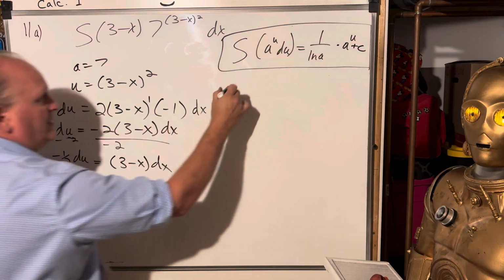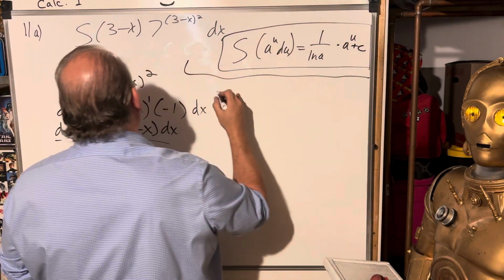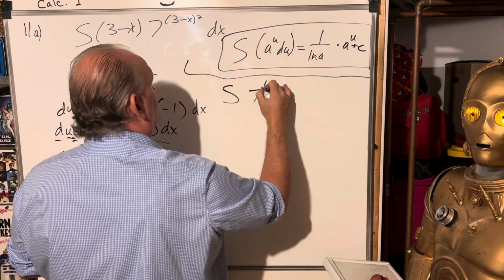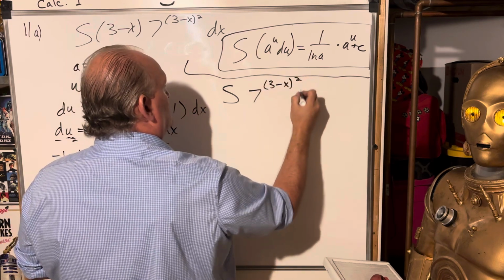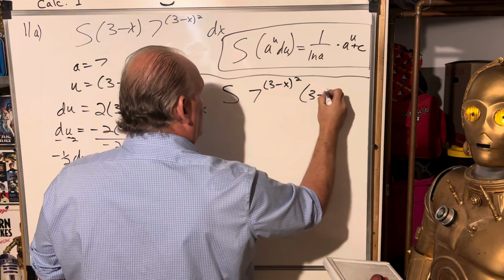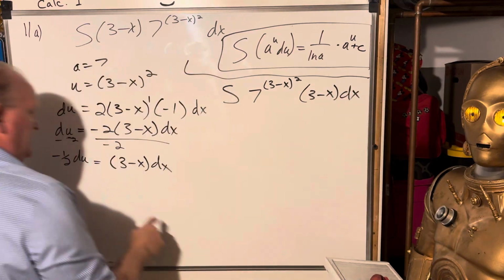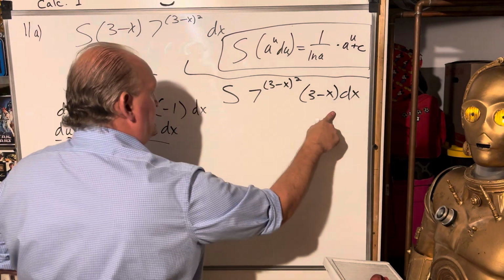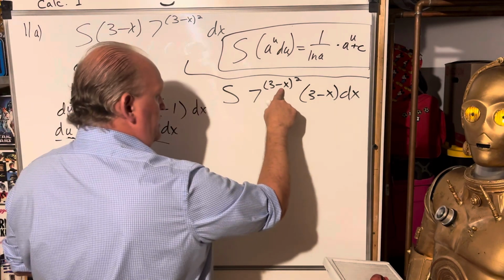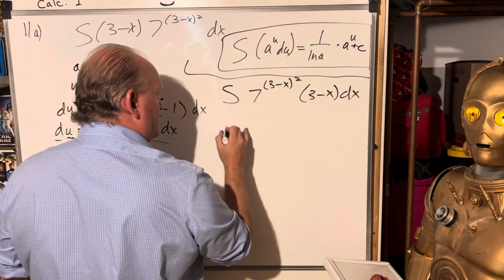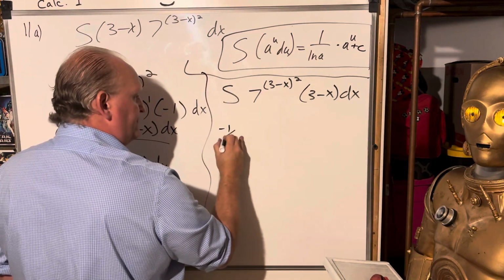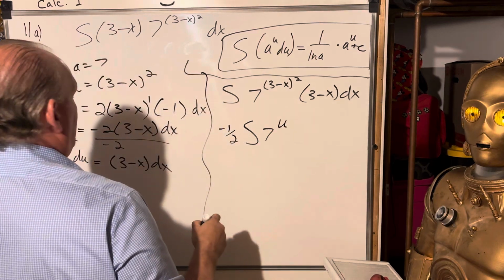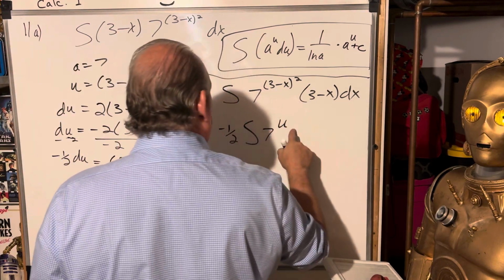It's right here: 7 to the 3 minus x squared times 3 minus x dx. So I just put in my negative 1/2 right there, and I put in my u right there, and that negative 1/2 I'm going to crank out front. And I got the squared already on the u, so it's just 7 to the u, and then du.